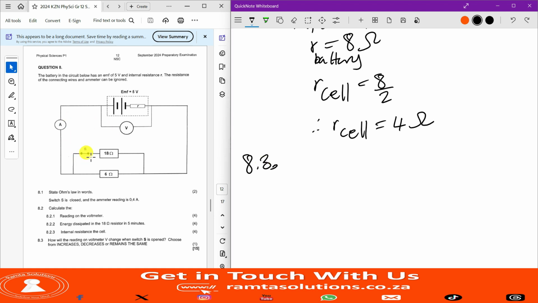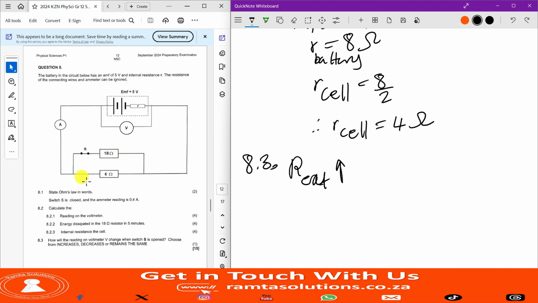When switch S is open, guys, I'm not giving you the answer as yet. What's going to happen? R external will increase. R external will now be 6 ohms because there won't be any current flowing through the 18 ohm resistor.